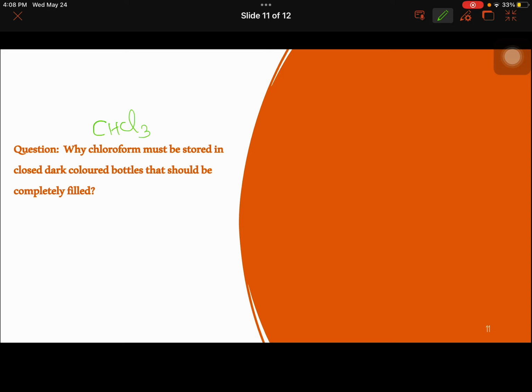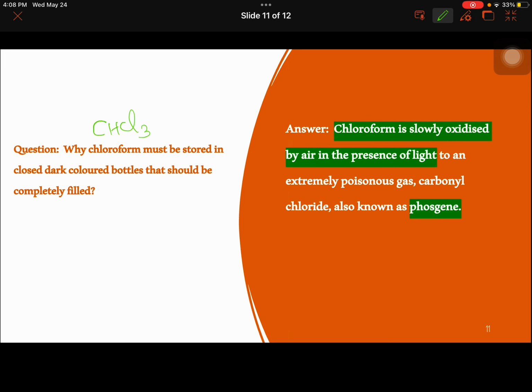If that is not done while storing it, then it will slowly oxidize in the presence of air and light. To avoid its contact with the air, we are keeping it filled up to the brim so that we don't leave any space for air on top of the liquid. And we are keeping it in a dark colored bottle so that it's not coming in contact with light also.